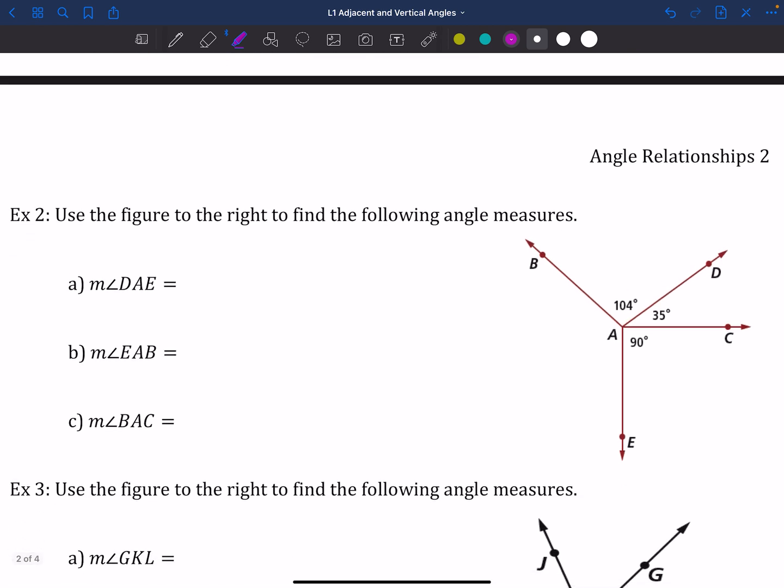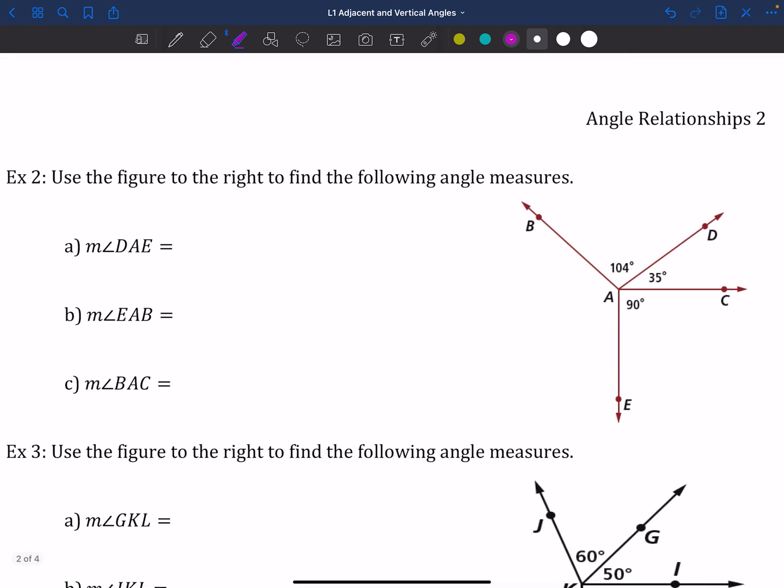We're going to go ahead and try to figure out the measure of angle DAE. What I would suggest doing, and this is maybe easier to do with a pencil on your paper because it's not as easy to erase all the time, is what I'm going to do here with the highlighter just to show what we're talking about.